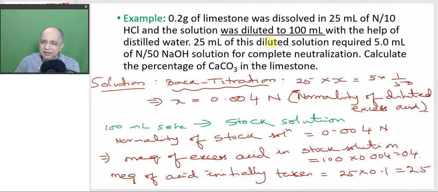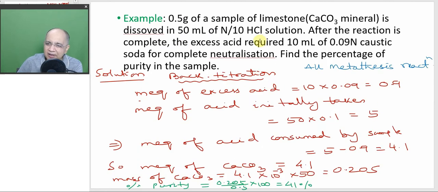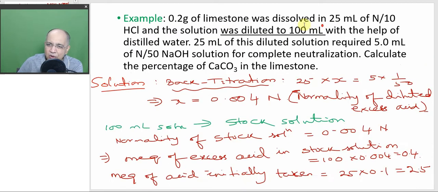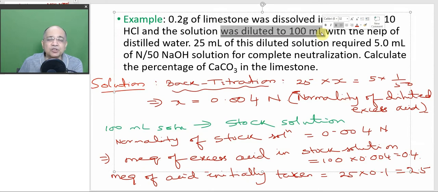Now, this is similar. Limestone, this is also limestone, but the only difference is dilution. Before back titration, the solution was diluted, because I told you what is the need of dilution.